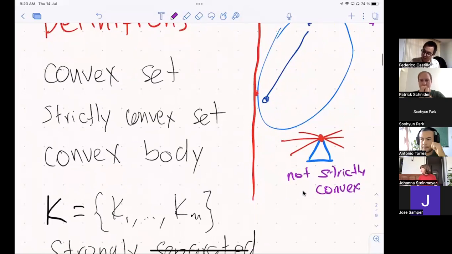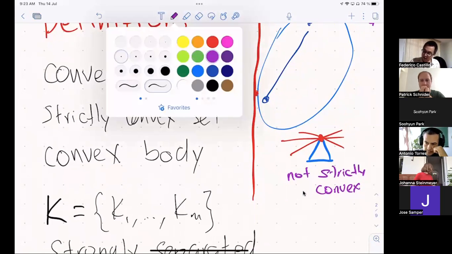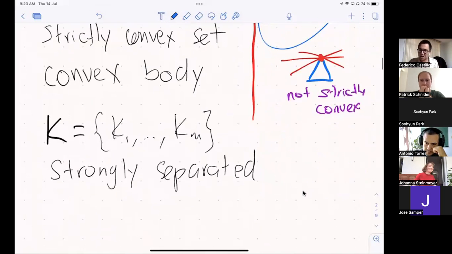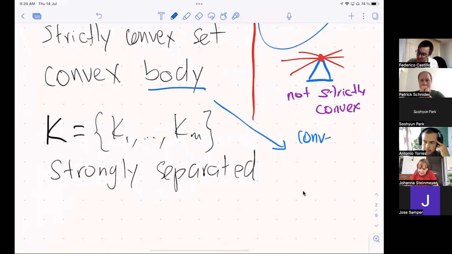Okay, so here, what is a convex body? I didn't know the details of the definition, but what people refer to as a body means the following. It means that you are convex, of course, compact. A lot of theorems require care with this.